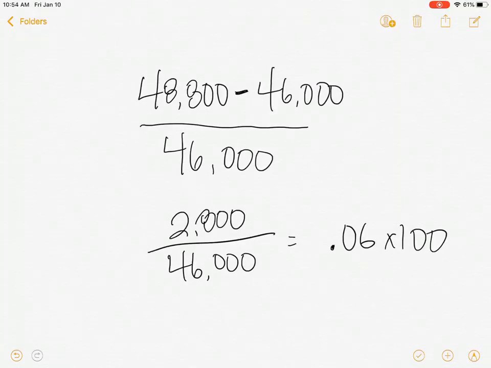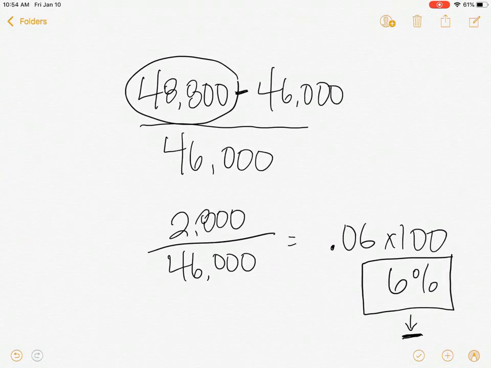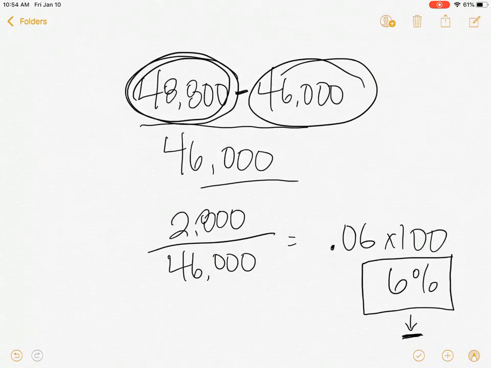When we multiply that times 100, it becomes 6%. And it's a positive 6%. So that is a negative variance, because we spent more than we had budgeted.